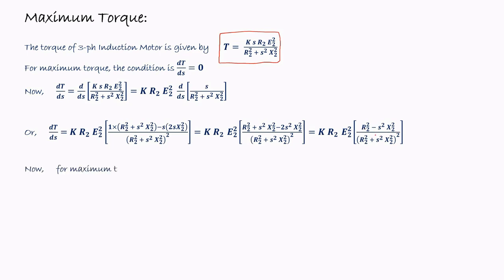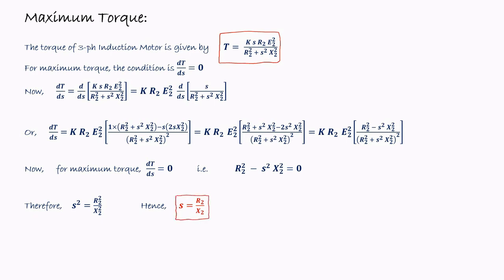Now, the condition for the maximum torque is dT upon dS equal to 0, therefore the numerator value should be equal to 0. That means R2 square minus S square X2 square should be equal to 0. Further simplifying, S square will be equal to R2 square upon X2 square, and finally S will be equal to R2 upon X2.